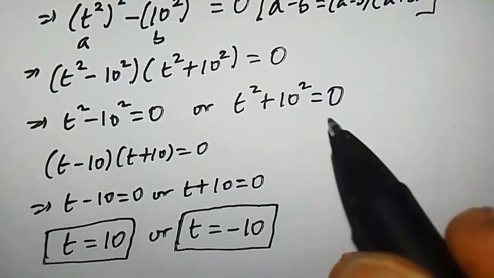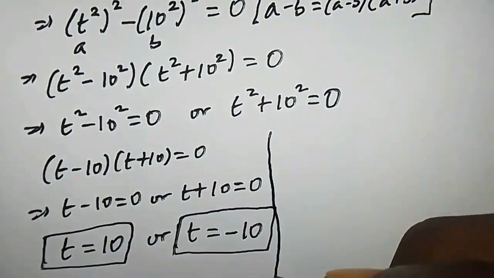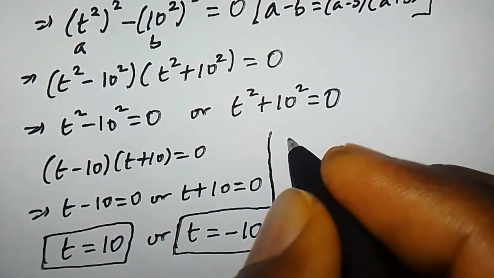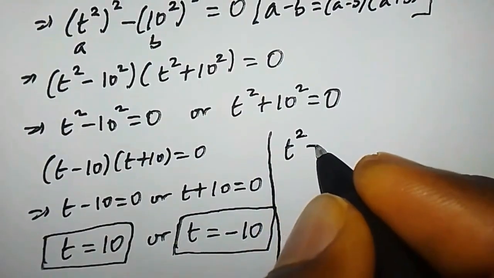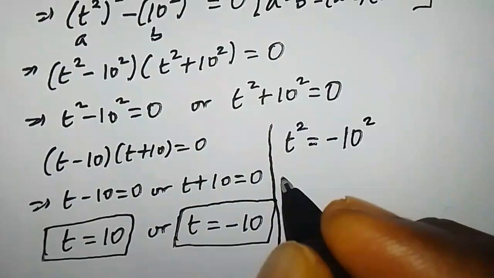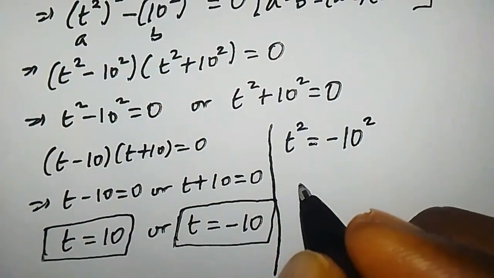Now back to this one. Let's isolate it. If we move 10^2 to the right hand side, we have t^2 equal to minus 10^2. So now let us take the square root of both sides.